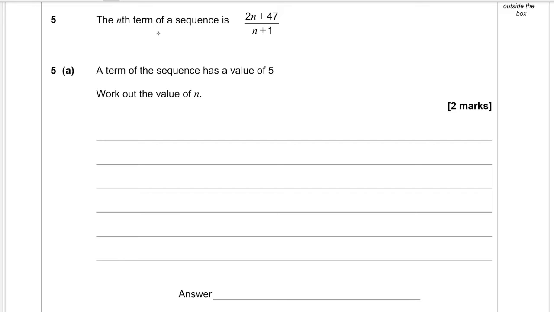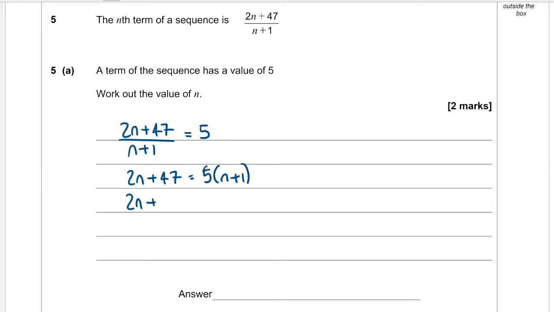Question 5, we've got the nth term of this sequence, and a term of the sequence has a value of 5. Work out the value of n. So I need to set the nth term equal to 5. So I write this over this is equal to 5. I multiply both sides by n plus 1, which will give me 5 lots of n plus 1.